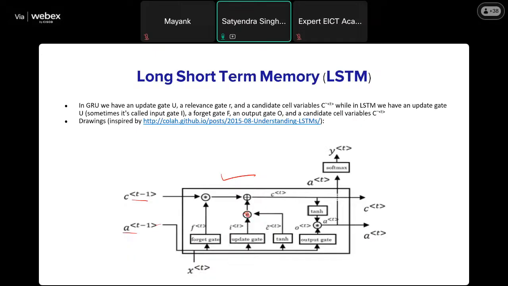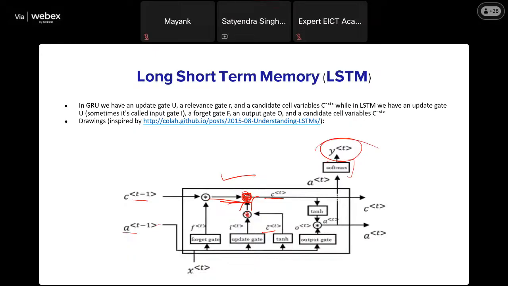Towards the end, it calculates whether this C(t) is from here or here or both. It could be a combination of both, and this C(t) is passed. And using the output gate, you calculate the output, which in turn goes to the softmax to calculate the Y(t).